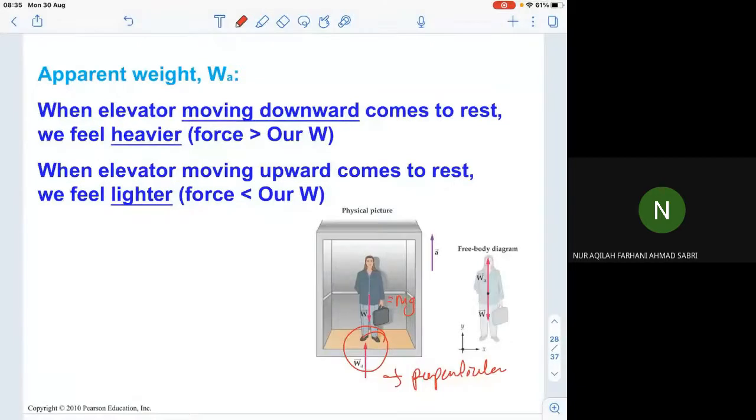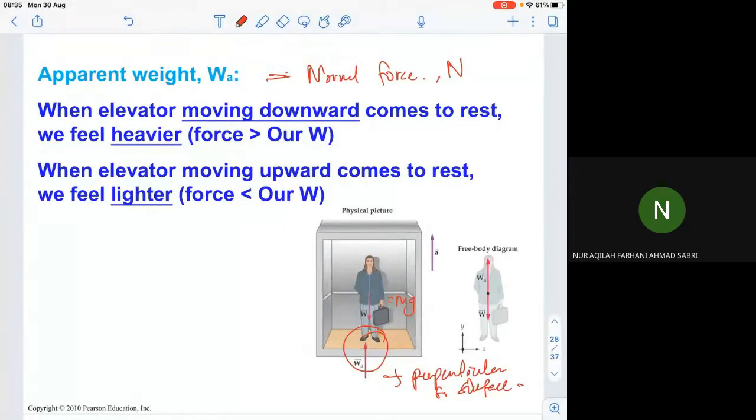So that's why I'm saying apparent weight is just like a normal force, equivalent to normal force, capital N. I have shown you about the normal force. Every force that acts perpendicular to the surface is called a normal force.